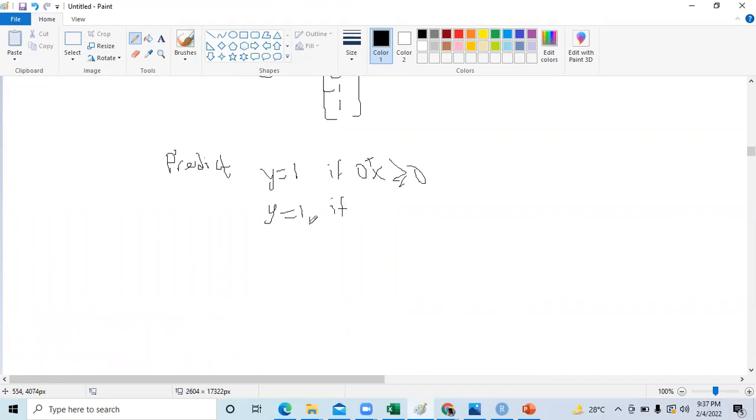So we are predicting y equals 1 if minus 3 plus x1 plus x2 is greater than or equal to 0. Of course, once again, this is your theta transpose x. So what we can do is take minus 3 to the other side.